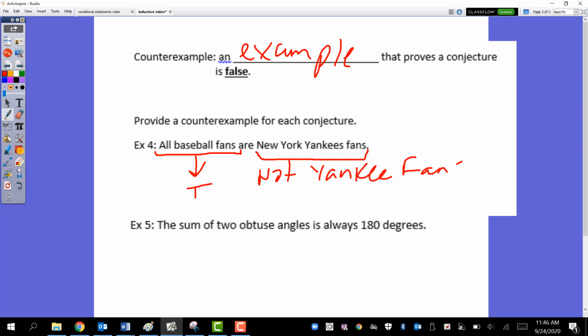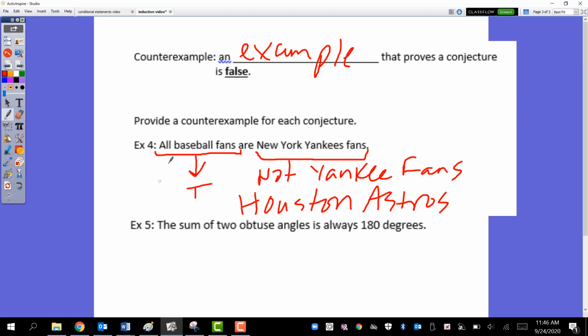What other baseball teams are not the Yankees? Well, you guys have one here: the Houston Astros fans.